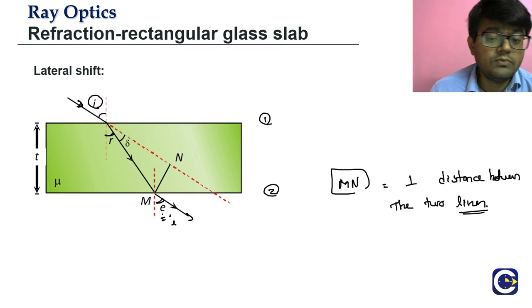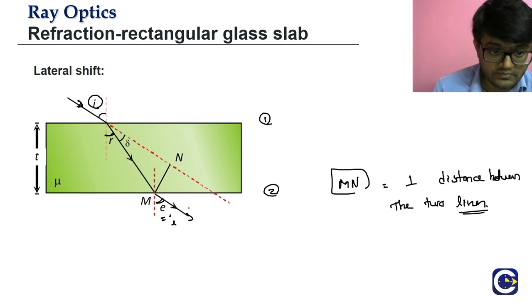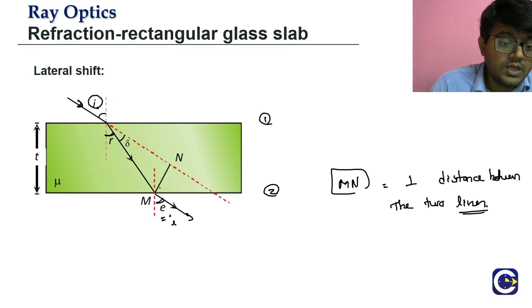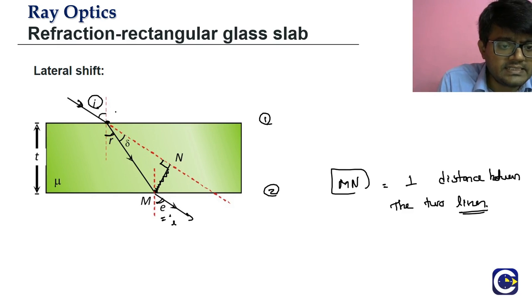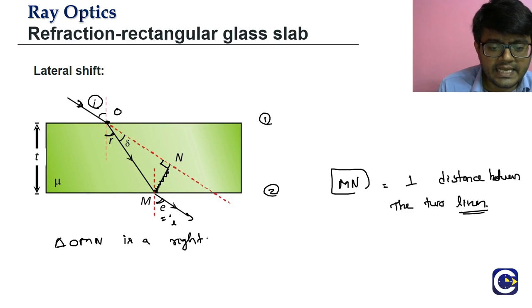So we'll try to find the value of MN. MN is perpendicular to both line 1 as well as line 2. Now if you mark this point as O, triangle OMN is a right angle triangle.